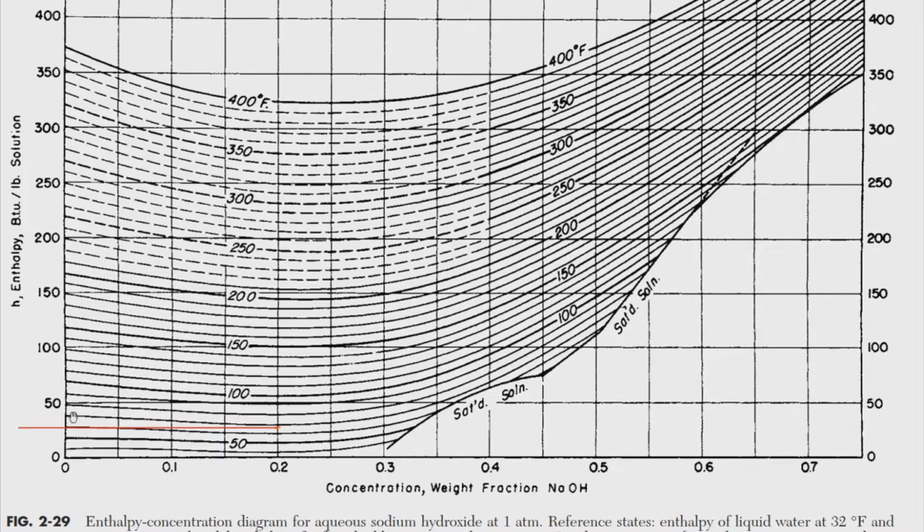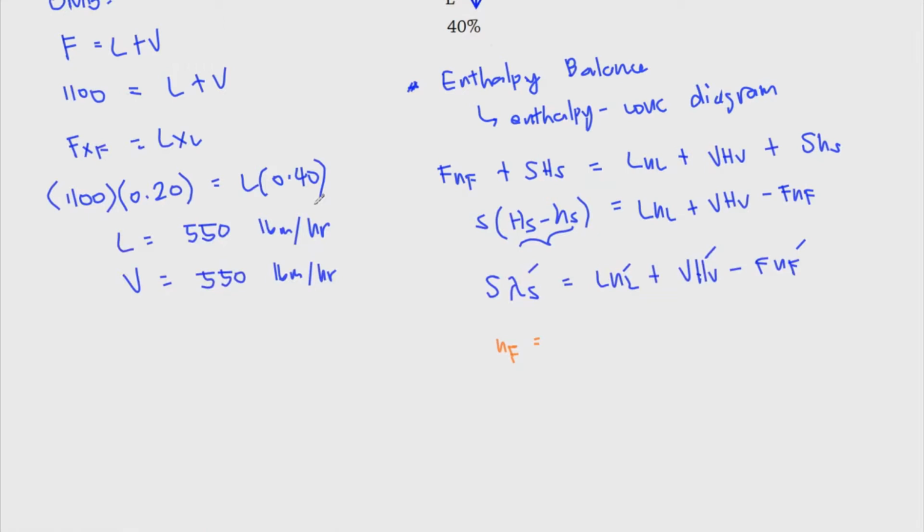But as you can see from this figure, it actually divides the whole interval in equal sections. So you can actually use that. But remember that that's for our temperature. So anyway, we have 0 and then 10, 20, 30. So our heat of formation, our enthalpy of the feed is 30 British thermal unit per pound mass.